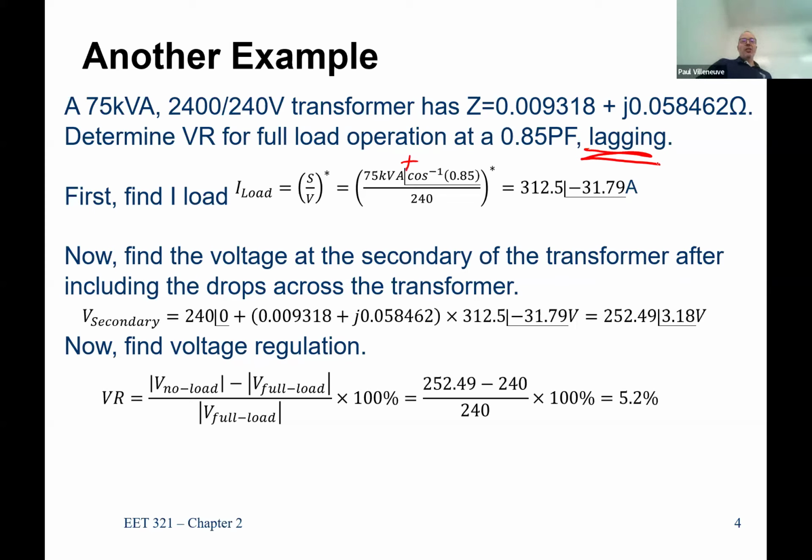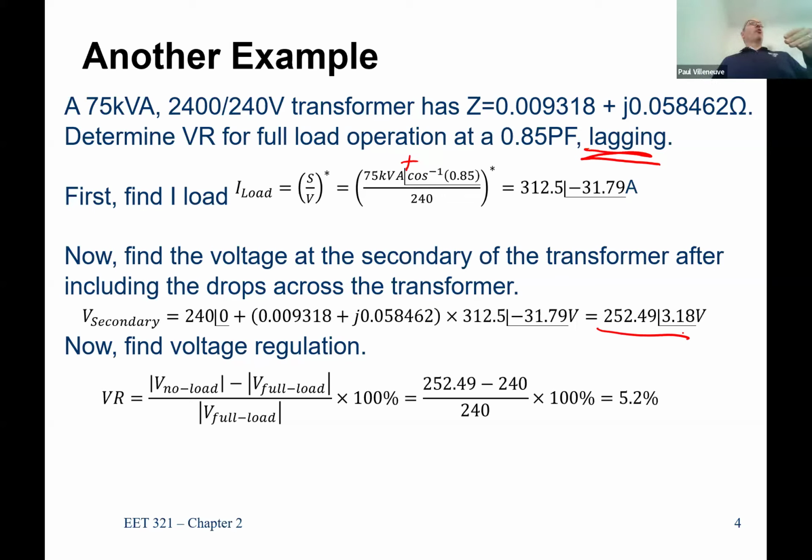Now we find the voltage at the secondary of the transformer. So 240 plus the voltage drop gives me 252. And then we just go ahead and plug that number in. When no load occurs, the power supply has been adjusted to deliver 240 volts at a 0.8 power factor, 75 kVA.